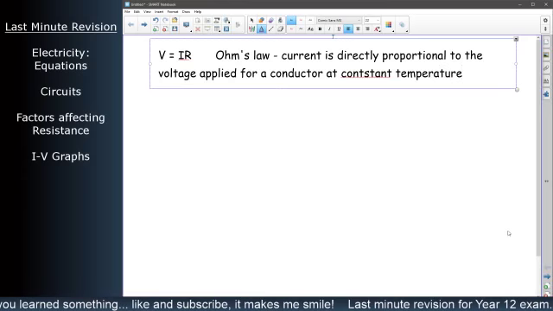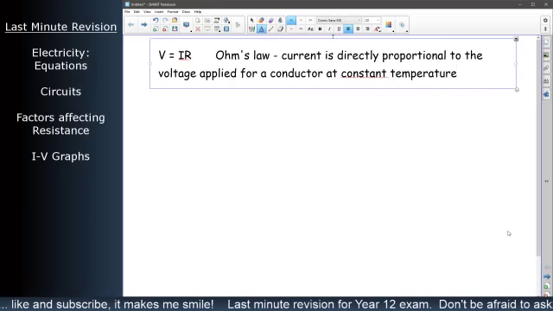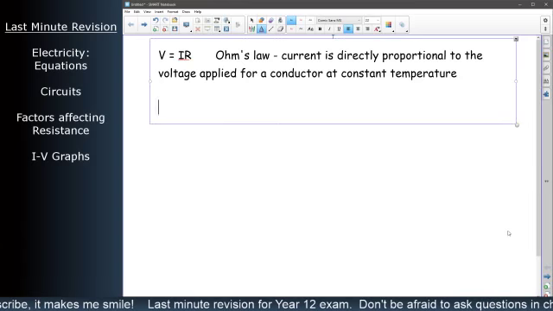And the constant temperature bit is important. Okay, so current is directly proportional to the voltage applied for a conductor at constant temperature. 2-mark question on that one, just if you're asked to define Ohm's law.